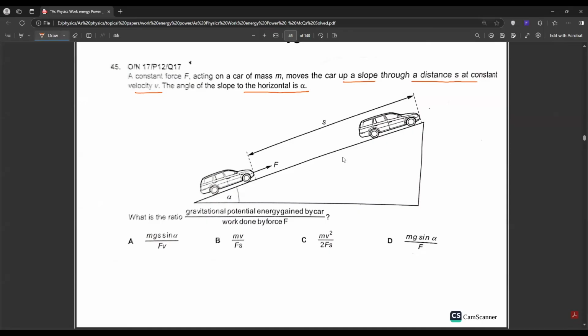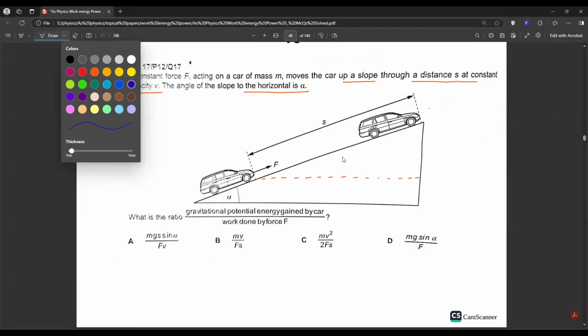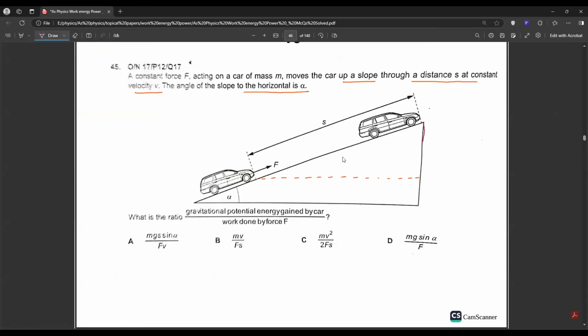Again, we will utilize some trigonometry and calculate this height, that is h. What is your hypotenuse? S. What is your angle? Alpha. So, sine of alpha is equal to what?